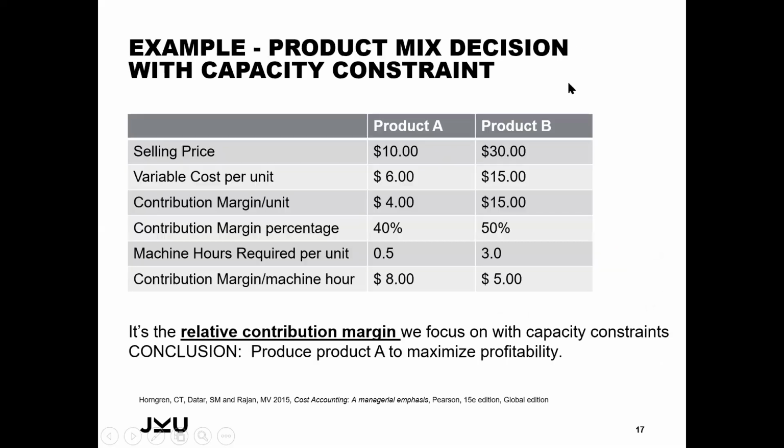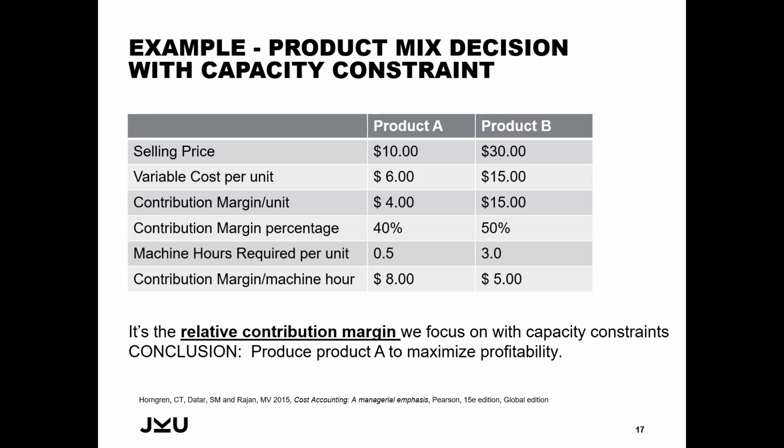Okay, and also for this, I have a very brief example right now. We have two products, for example. A selling price of product A, $10, product B, $30.